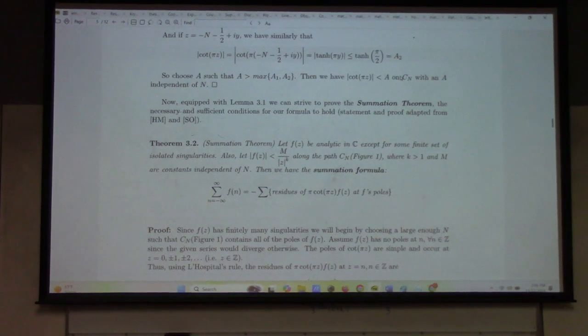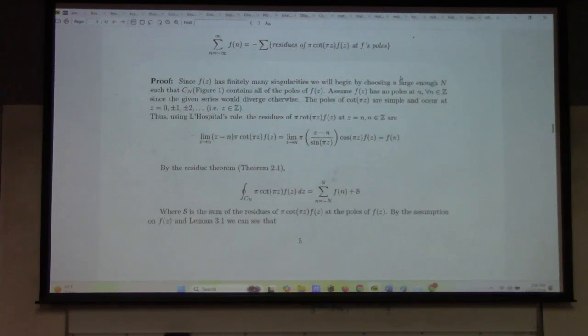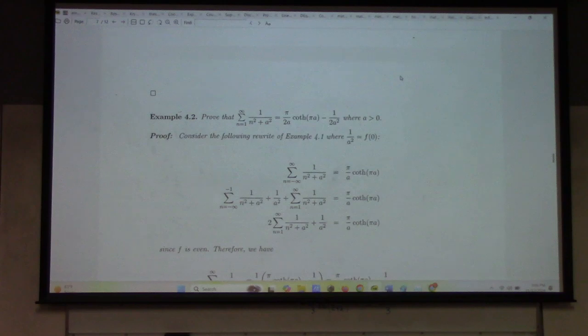And that's really cool, because that gives us yet another way to calculate infinite series in a kind of circuitous fashion. Let me see if I can find an example here, like this one. So you can prove that the sum of 1 over n squared plus a squared is equal to pi over 2a times hyperbolic cotangent of pi a, minus that.